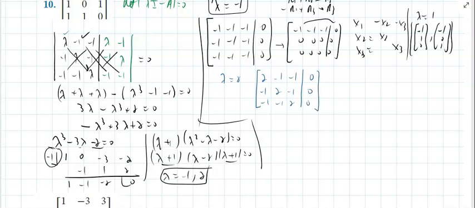And if I work this out, let me see, if I take 2 row 2 plus row 1 in row 1, and -row 2 plus row 3 in row 3. So if I multiply this by 2, -2 plus 2 is 0, 4 minus 1 is 3, and -2 plus 1 is 1, and that's a 0.